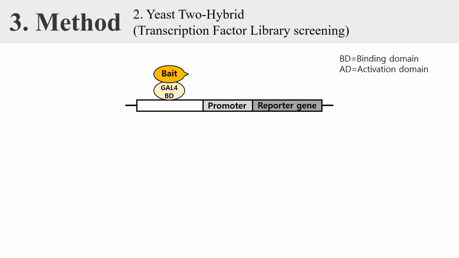If there is no binding between bait in the binding domain and prey in the activation domain, the reporter gene cannot be expressed. However, if BD and AD are combined, the reporter gene LacZ is expressed, which confirms that the two proteins are actually interacting in yeast.